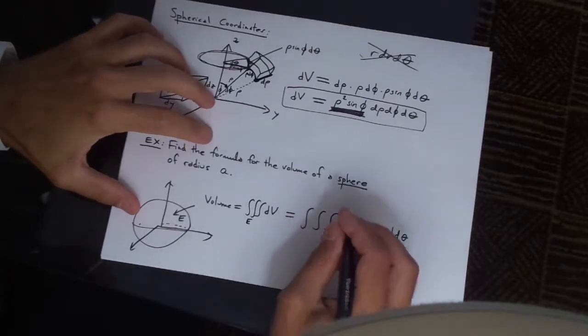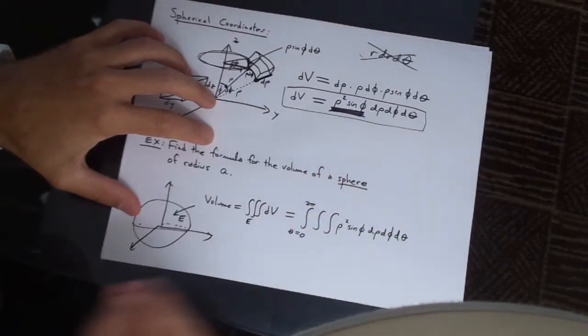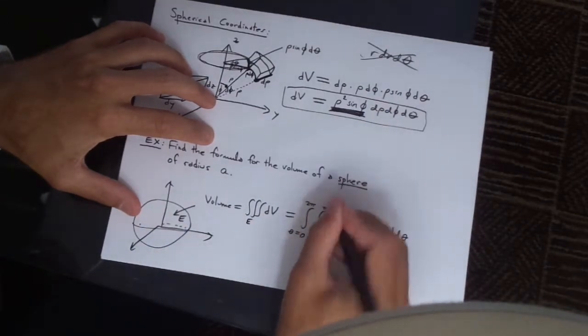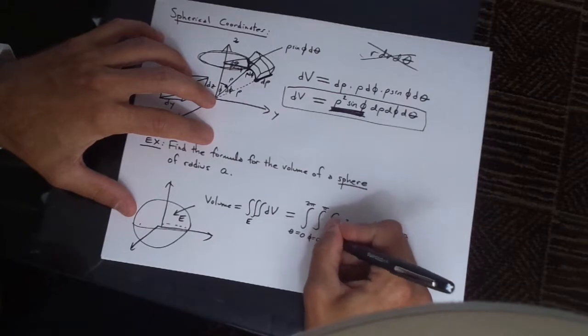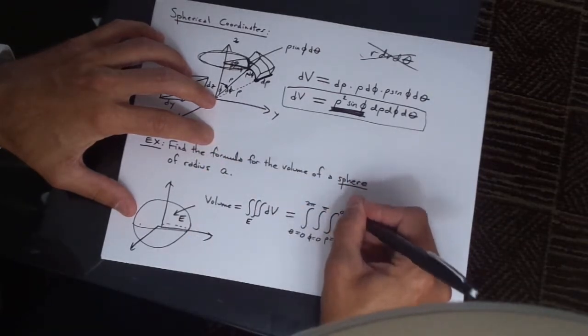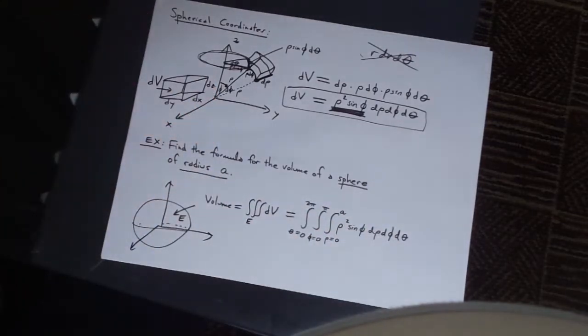Since we're doing the whole sphere, theta is going to go all the way from 0 to 2 pi. Phi is going to go all the way from 0 to pi. And rho is going to go all the way from the origin out to the edge of the sphere. And again, the radius is a, so the upper limit of that integration would be a.